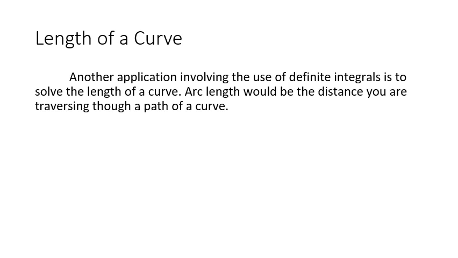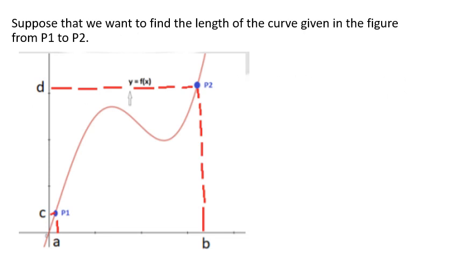So basically, this is the distance that you will take if you are traveling in a curved path. Suppose that you want to travel on this path here, which is y is equal to f of x, and you want to measure the length of the curve if you traveled from point 1 to point 2.